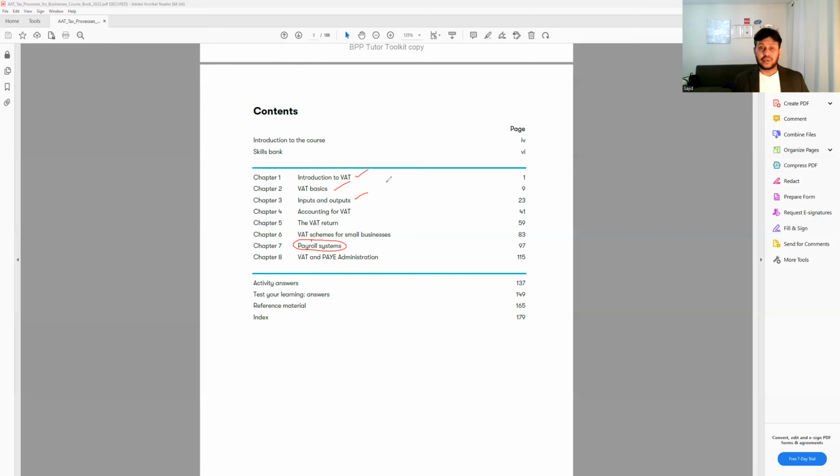Now, all of us know something called MTD, that is Making Tax Digital. That means before, the business or the person didn't have to have software to make the VAT return. But now, if you are a business or an individual who is responsible for the VAT, you have to have software. Before, HMRC had a website and you made a login on that website.